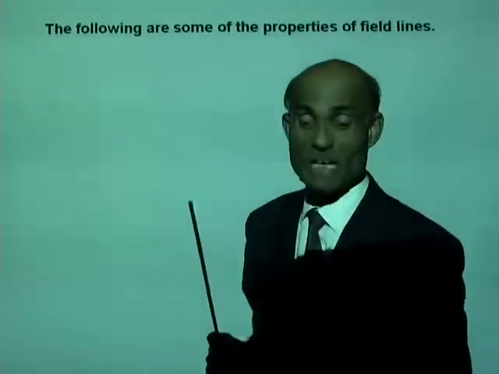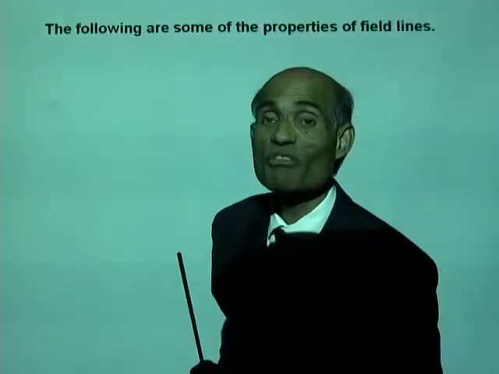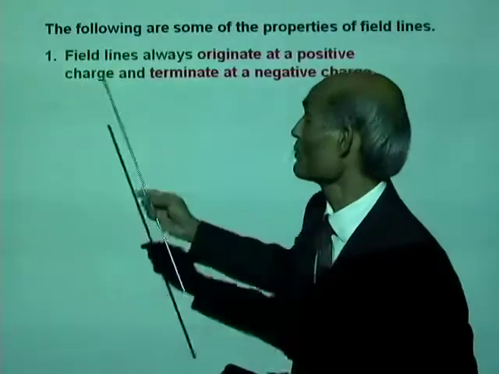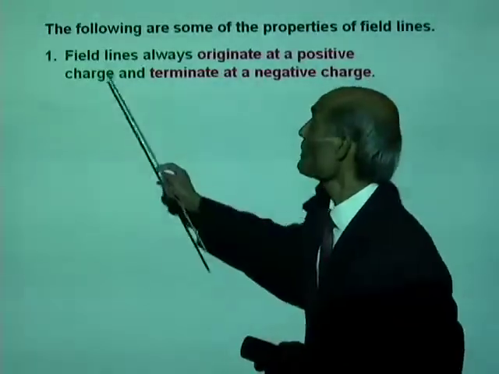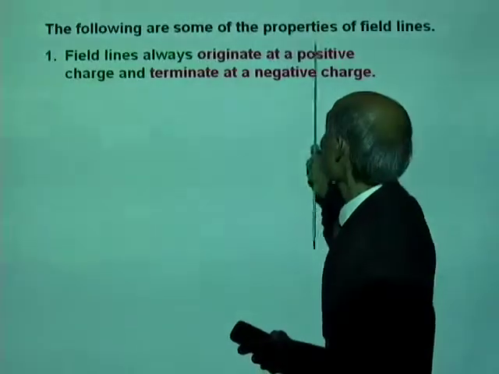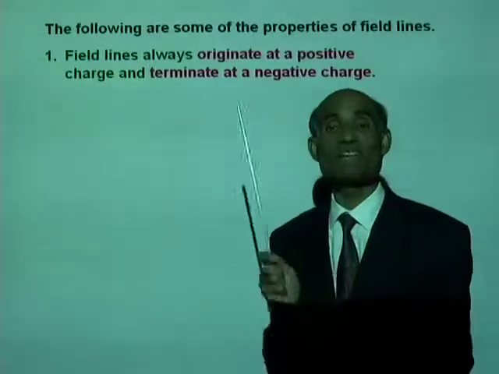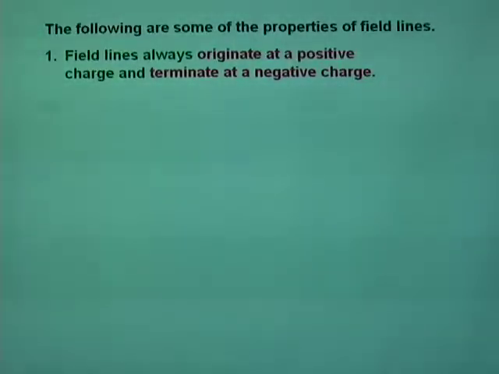Now, let's talk about some properties of field lines. We can summarize the properties of field lines. Property number one: field lines always originate at a positive charge and terminate at a negative charge. Is that right? It's not difficult to understand. Suppose I have a positive charge placed here and a negative charge placed there, and I have a test charge. A test charge is a unit positive charge.